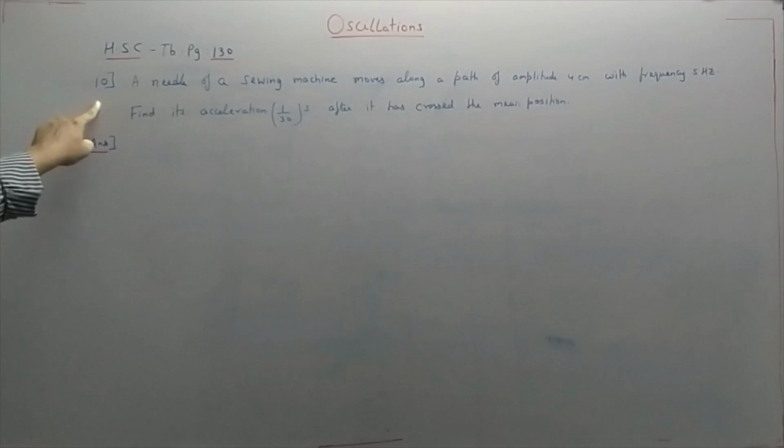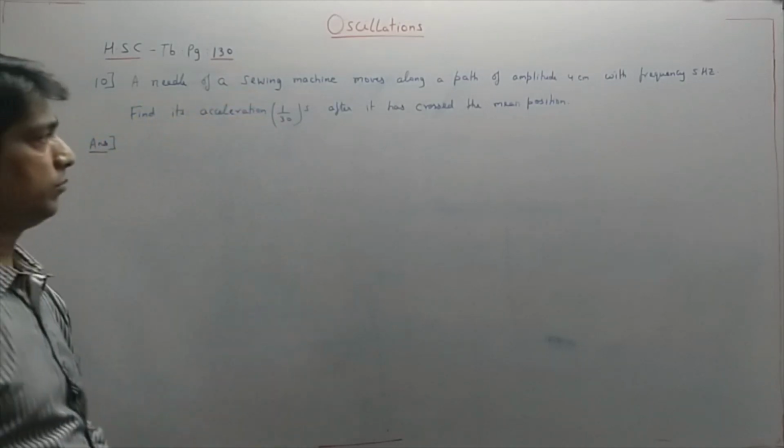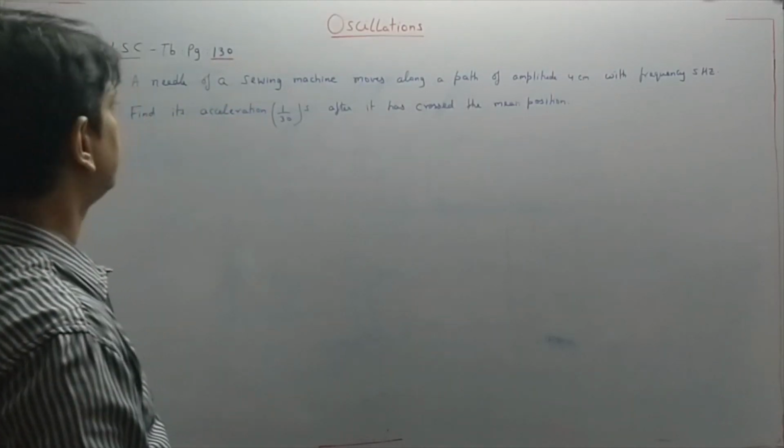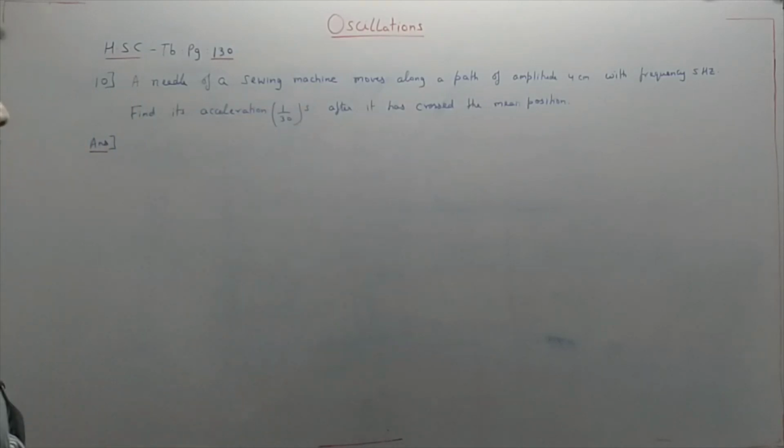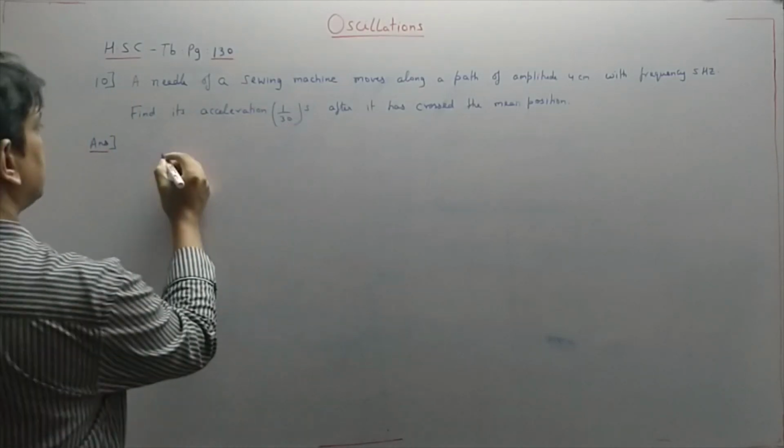Students, now sum number 10. A needle of a sewing machine moves along a path of amplitude 4 cm with frequency 5 Hz.